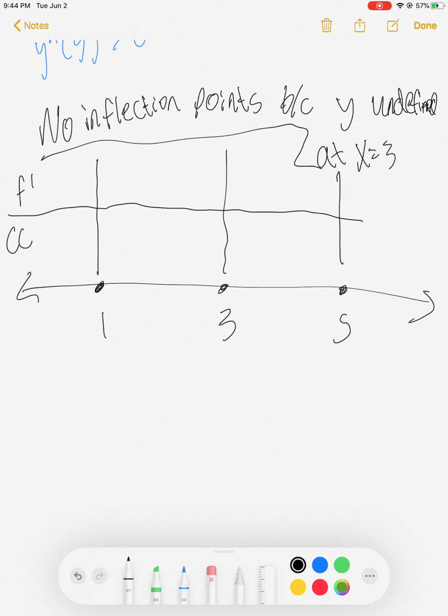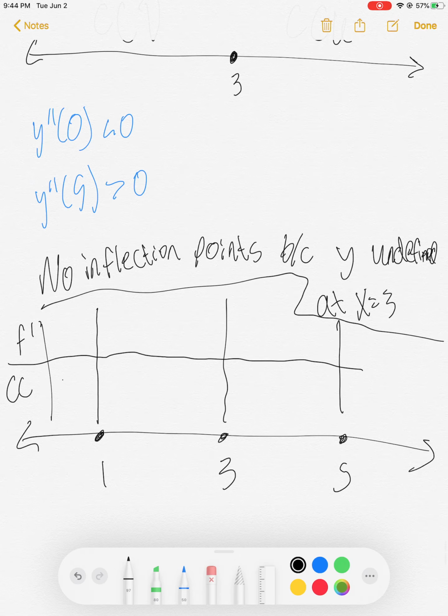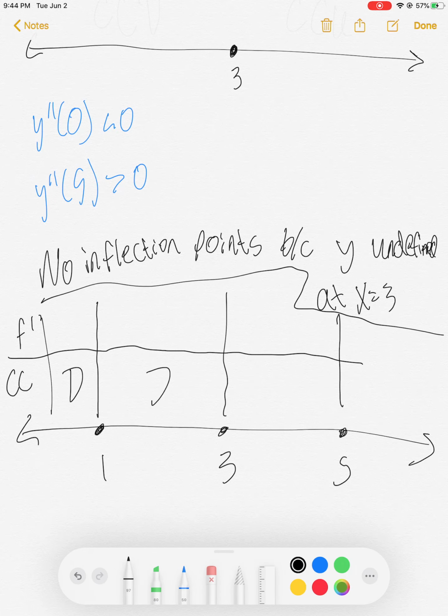And I want to know f prime and concavity. So for example, the interval to the left of x equals 1, well, there it's concave down.